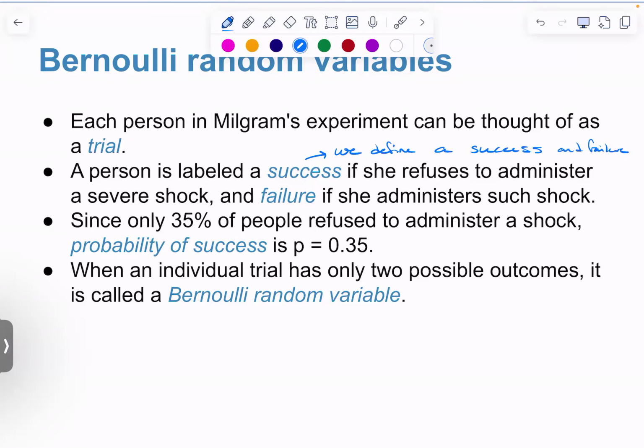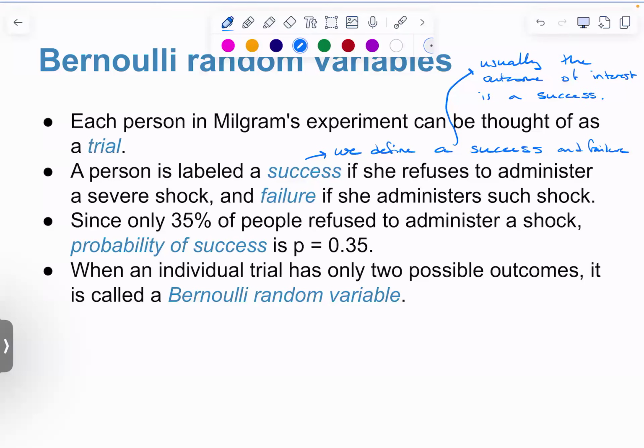But usually the outcome of interest is a success.